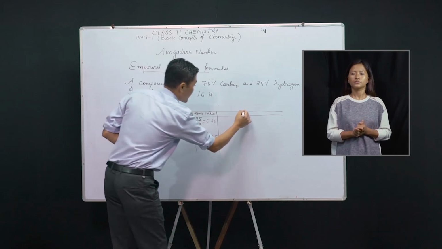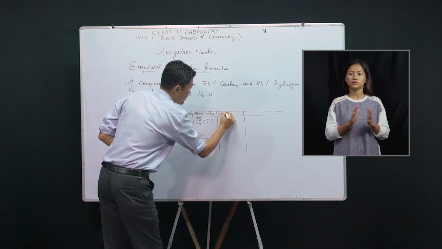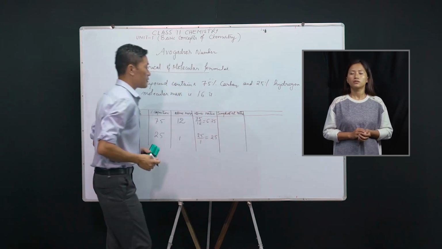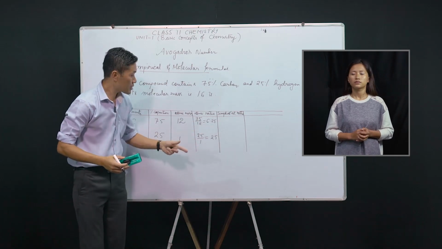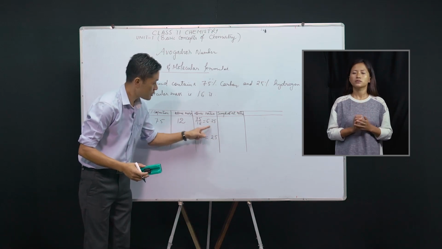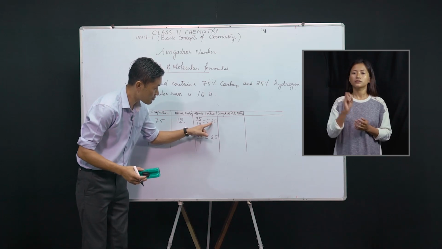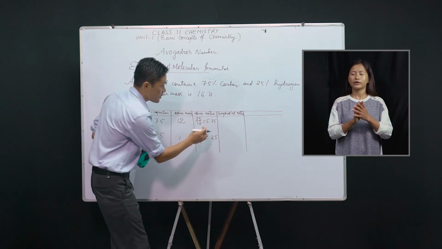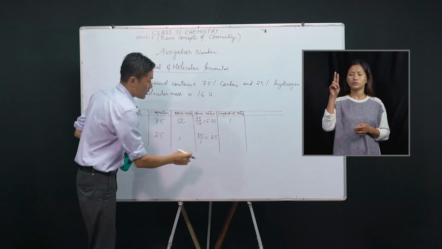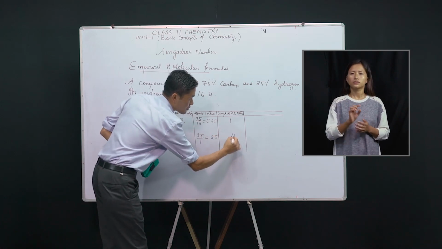Then in the next column, we find out the simplest atomic ratio. To find the simplest atomic ratio, we divide these atomic ratios by the smallest one among them. Now we have only 2 here, and the smaller one is 6.25. So we divide both of these by 6.25. If we divide 6.25 by 6.25, we will get 1. And if we divide 25 by 6.25, we will get 4.